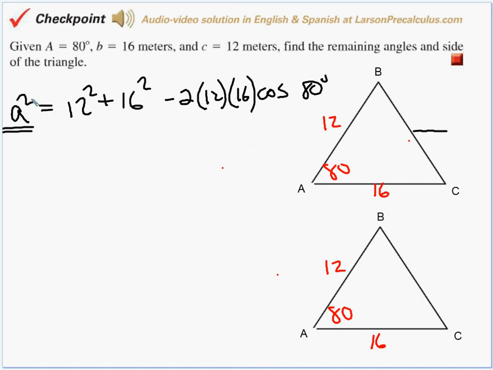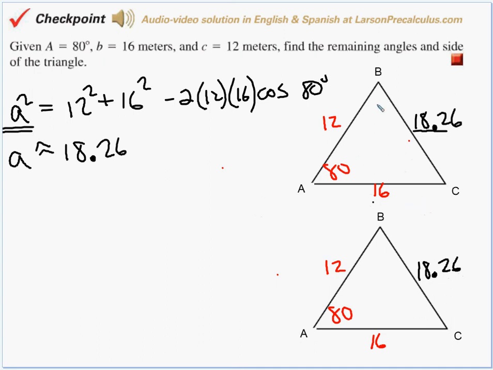Again, don't forget to hit that square root key. You should get A as approximately, let's take this to 2 decimal spots, 18.26. So that's our missing side, 18.26. That is also true, again, on both triangles if two triangles exist.